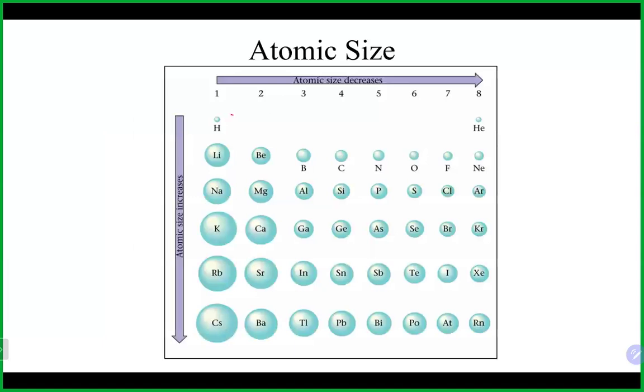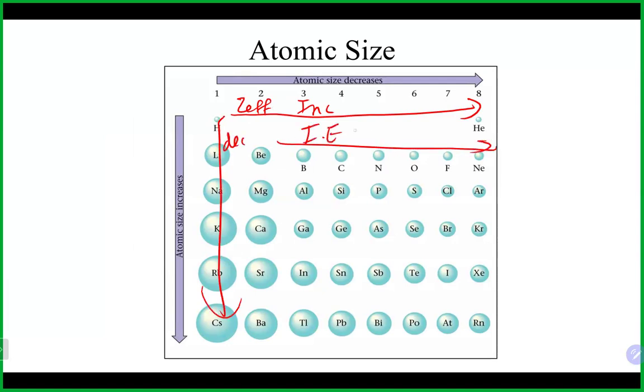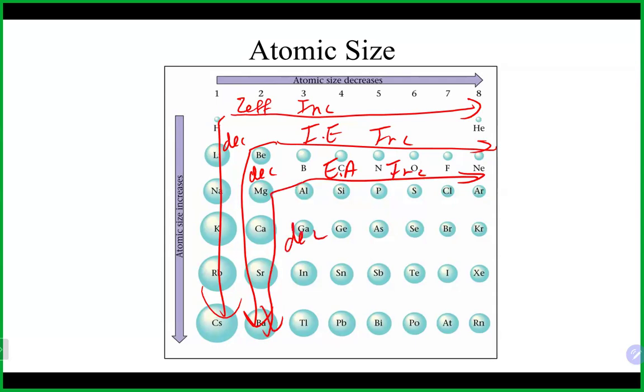So again, putting together all of our periodic trends: our Z effective increasing this way and decreasing this way, our ionization energy increasing this way and decreasing this way, our electron affinity increasing that way and decreasing this way, and our electronegativity increasing this way and decreasing this way.